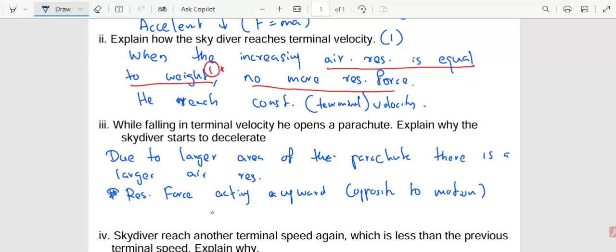So due to the large area of the parachute, there will be a large air resistance. So then as a result, what happens? There's a resultant force acting upward, opposite to the motion. So then this is why he's starting to decelerate. Now this is a 2 marks question. So each point we wrote will give you 1 mark.